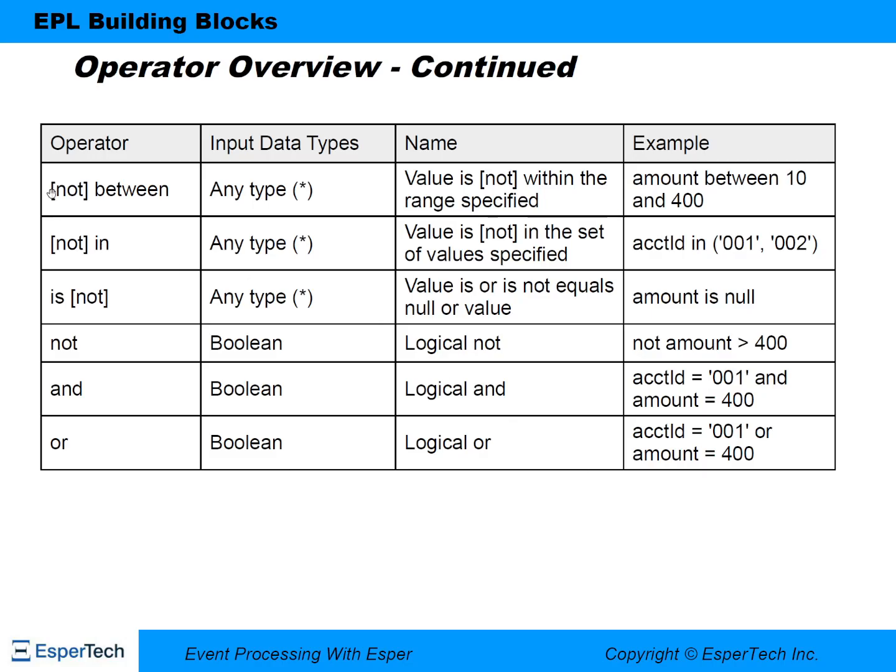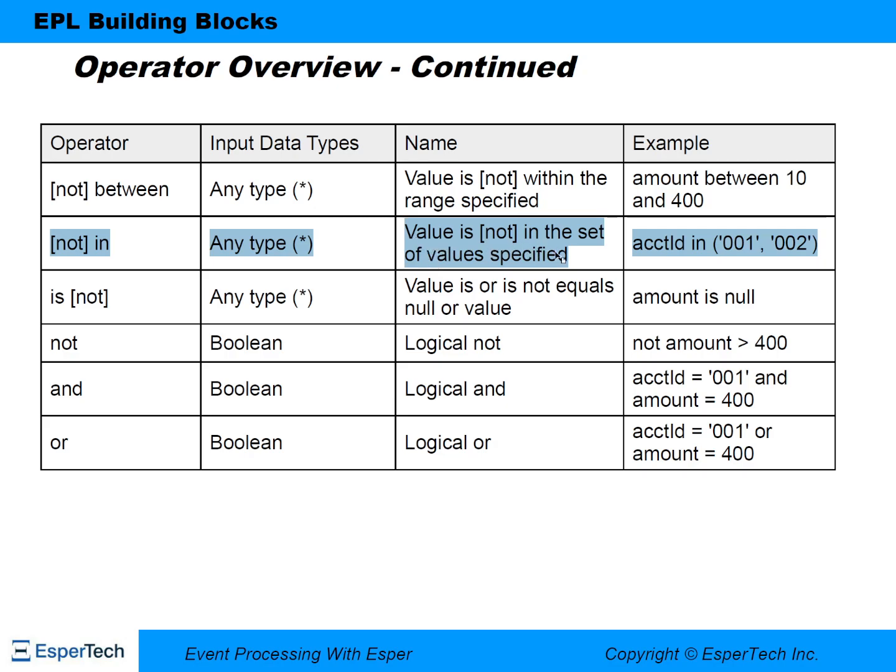The between and not between operator applies to any input type and checks whether a value is or is not within a range. For instance, amount between 10 and 400. The in and not in operator applies to any input type and checks whether a value is or is not in a set of values.